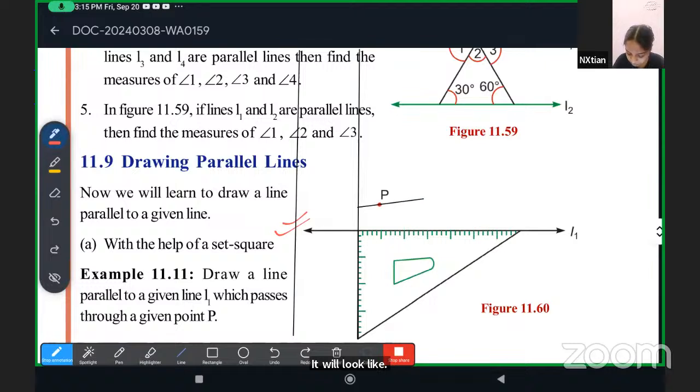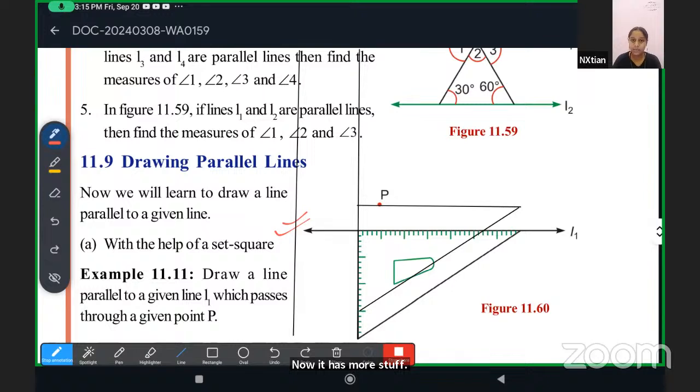Ma'am, for me it looked like this. So you will slide your set square up. This is the slid up set square.